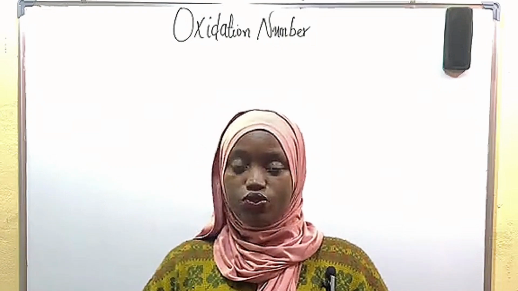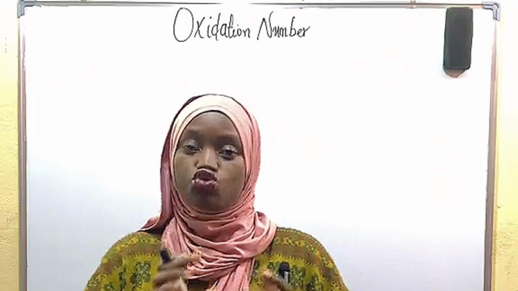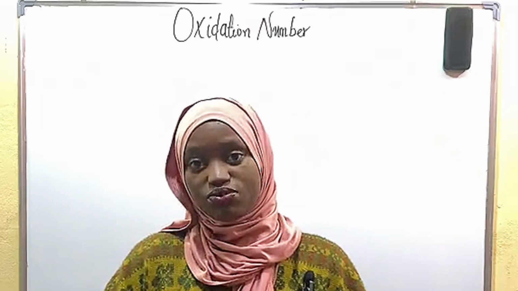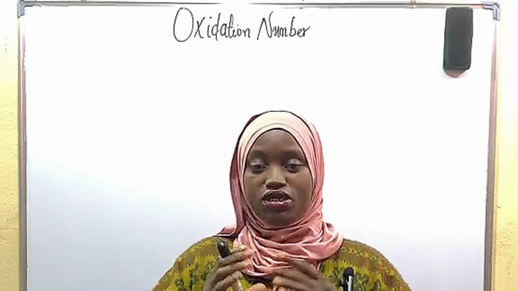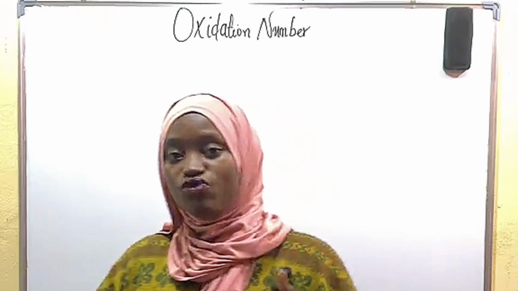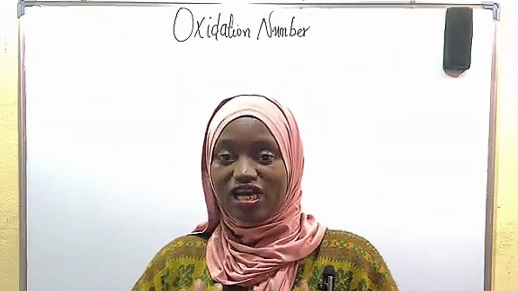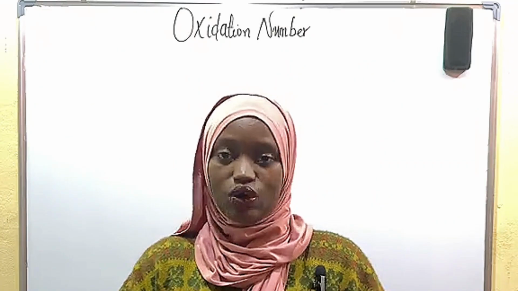It is a value assigned to an atom in a compound to represent its charge. The oxidation number indicates the value of electrons that are lost or gained by an atom when forming a compound.